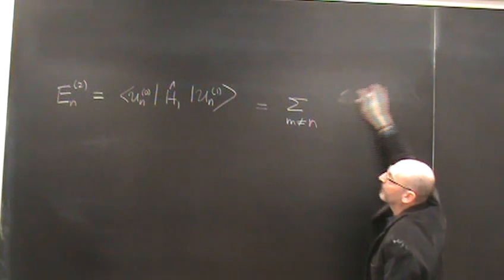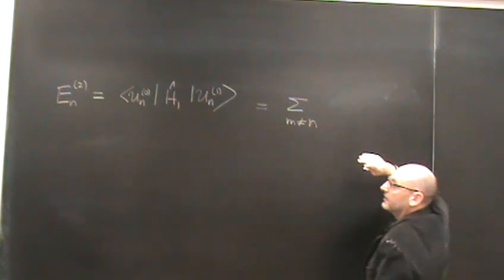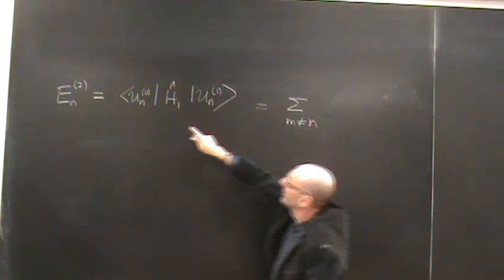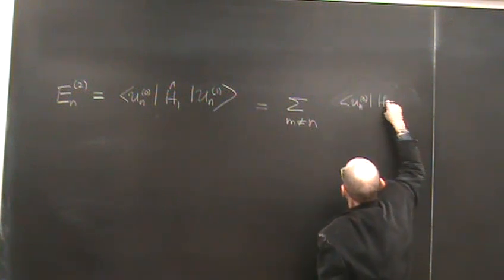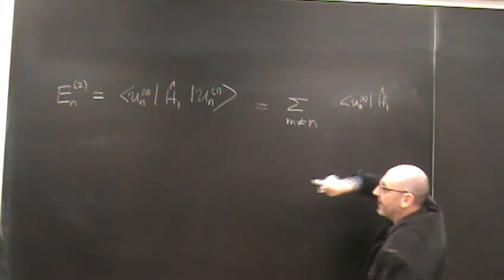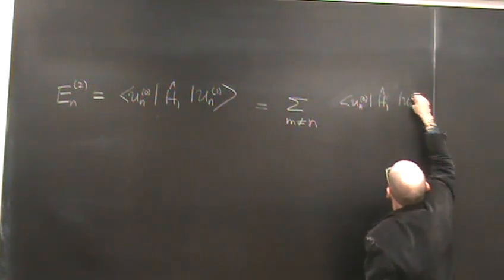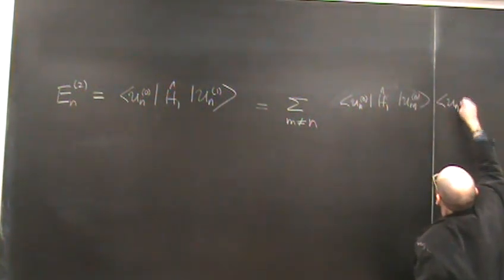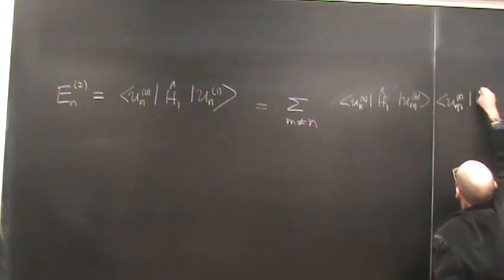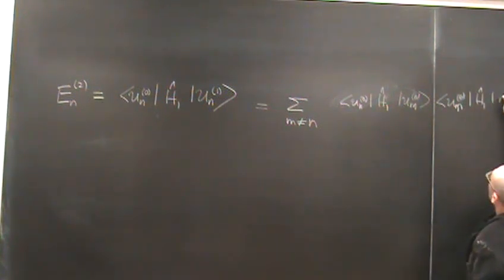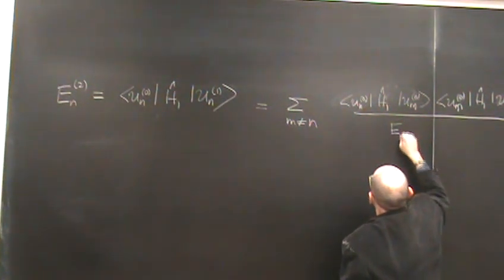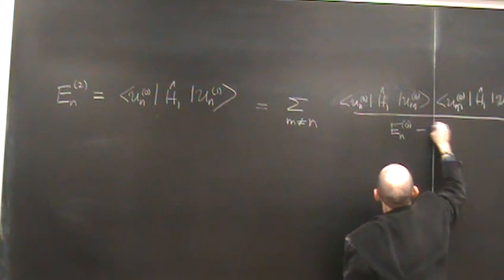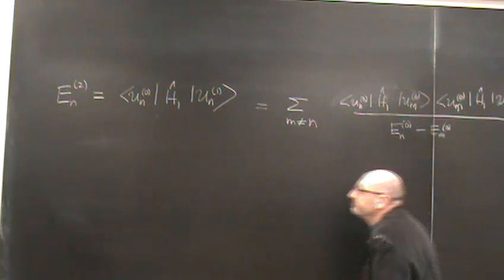Okay, let me do this again. So I'm going to plug in. I got Un0, I have H1, and then I have to act that on that state. That's Um0, Um0 H1 Un0 divided by En0 minus Em0. That is correct.